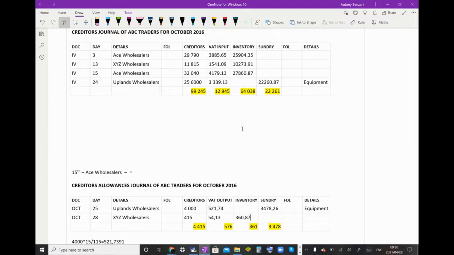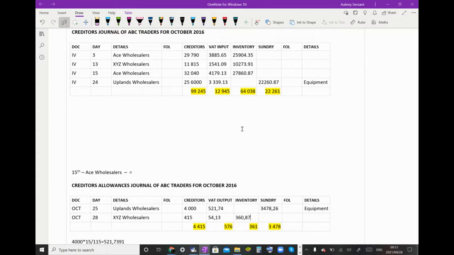Then we turn around and say, hey, actually, we'd like to return some of that. Or maybe I should use the equipment example. Here, we bought something worth, this is supposed to be 25,600. Okay? We bought something worth 25,600. Therefore, our VAT was 3,339.